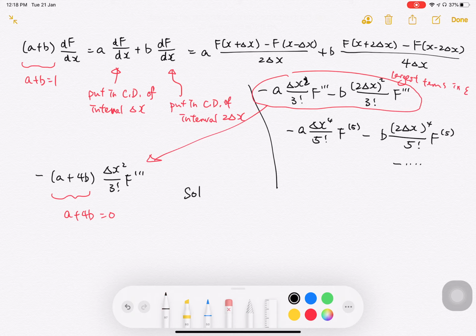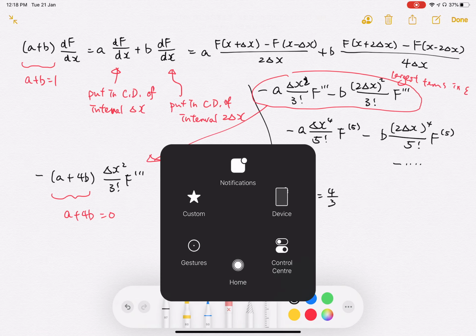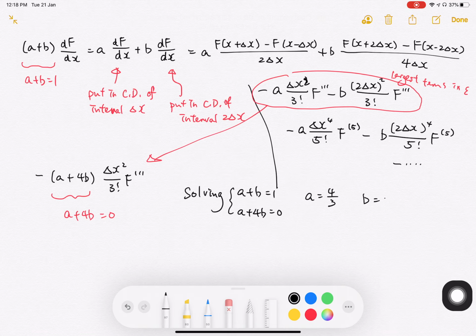Now you have 2 equations, 2 unknowns. We need to solve a plus b equals 1, and a plus 4b equals 0. If we solve this, we know that a equals 4 over 3, and b equals minus 1 over 3.